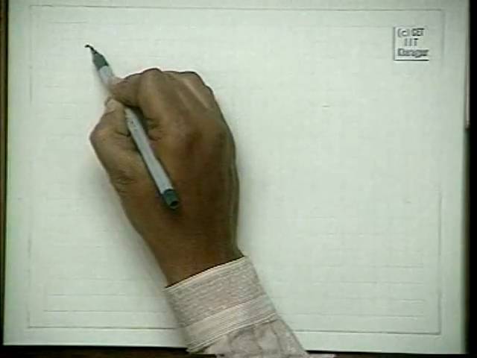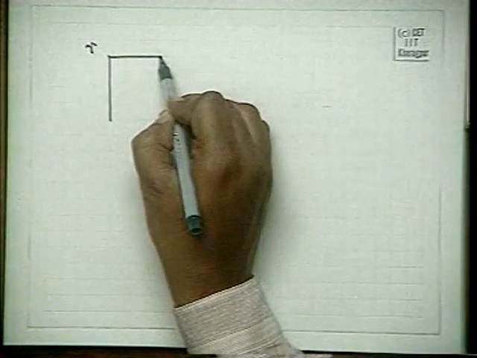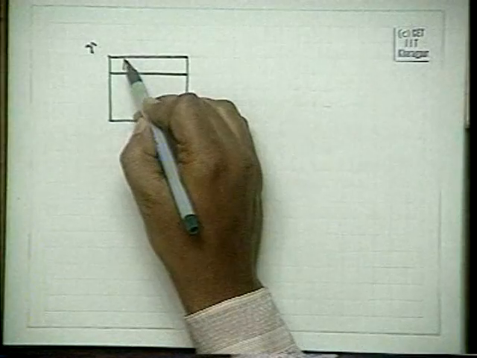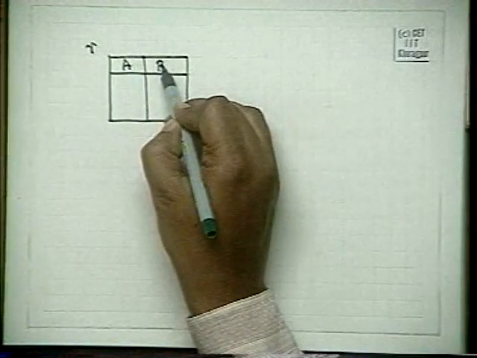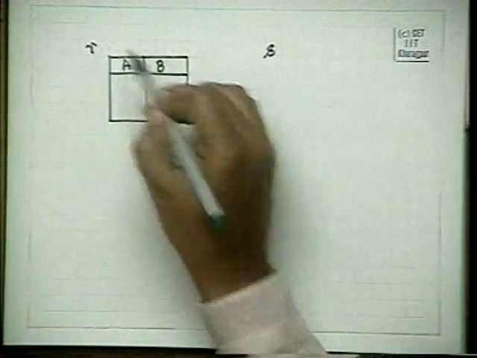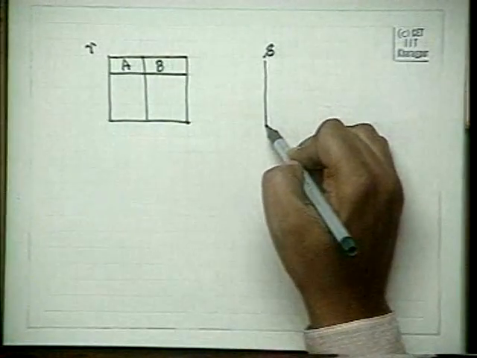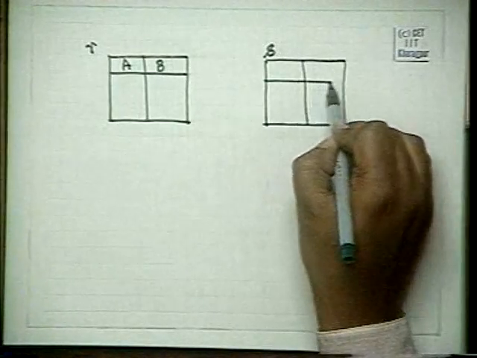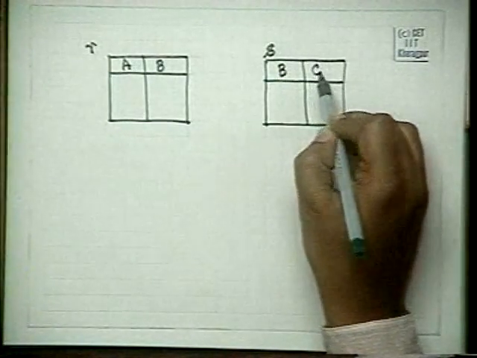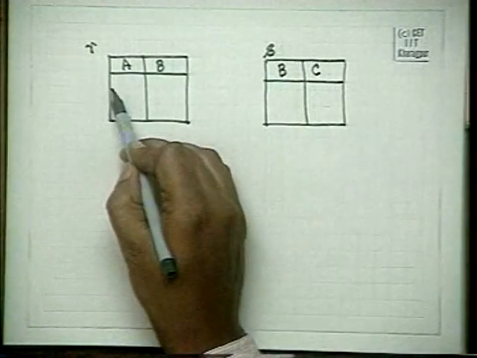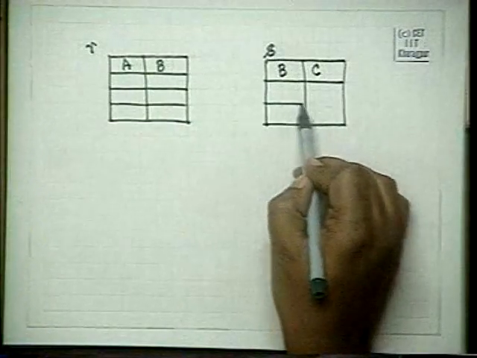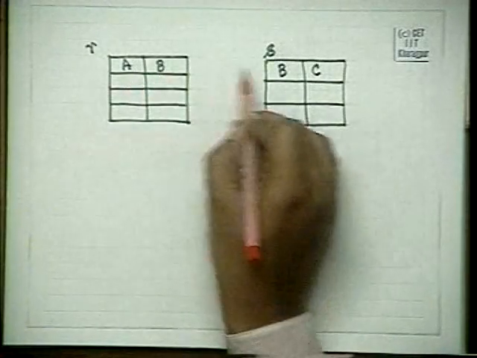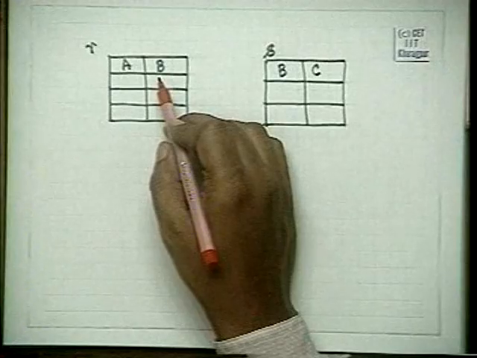Let us have a relation R having attributes A, B. Let us have a relation S having attributes B and C. Now these two attributes are the same attributes because attributes have to be defined uniquely.